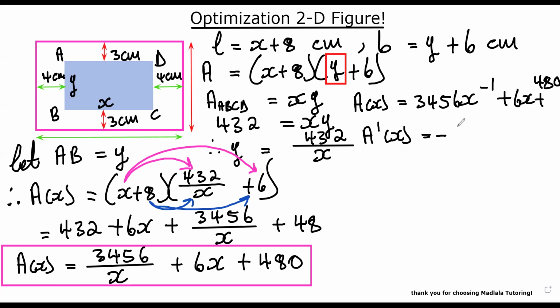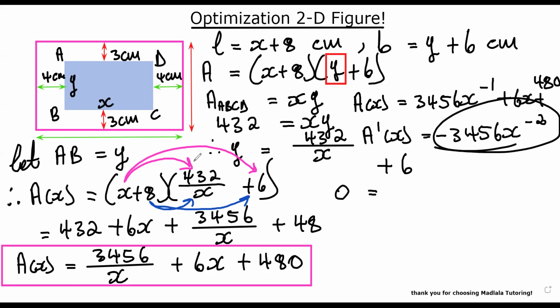So for this one, you get negative 3456 x to the negative 2, and then you say plus 6 because this constant is going to die. And after finding the derivative of your function, you're going to equate it to 0.